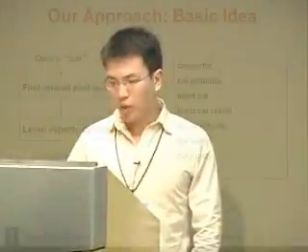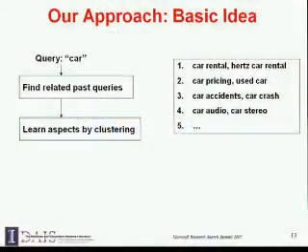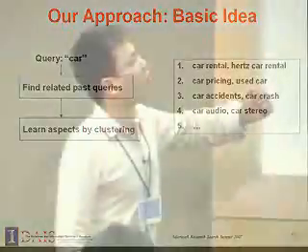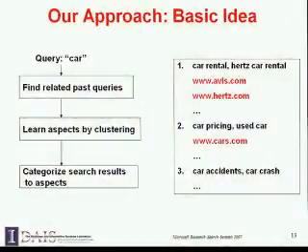The next step is to learn the aspects by clustering. All the related past queries can be clustered into several aspects. For example, the first one may be car rental, and the second one is about car pricing and used cars, and so on. After we do this clustering, the third step is to categorize the search results into these different aspects.